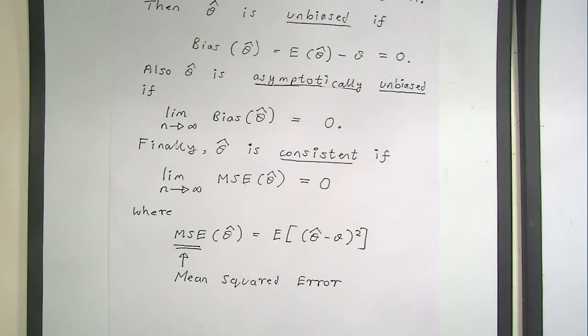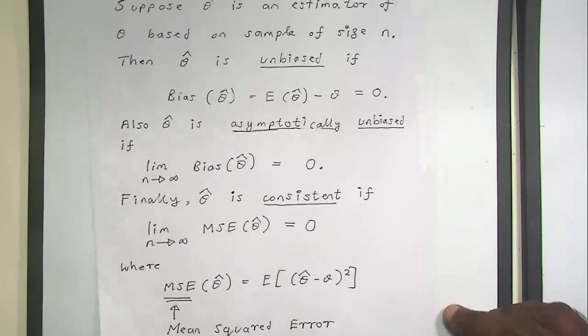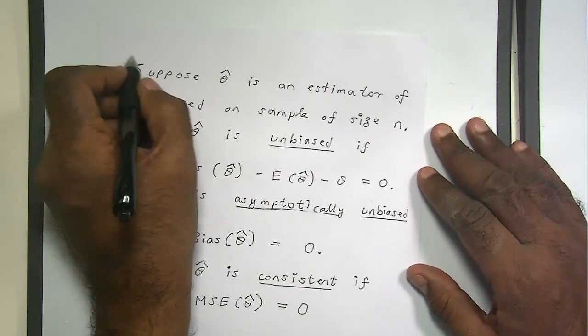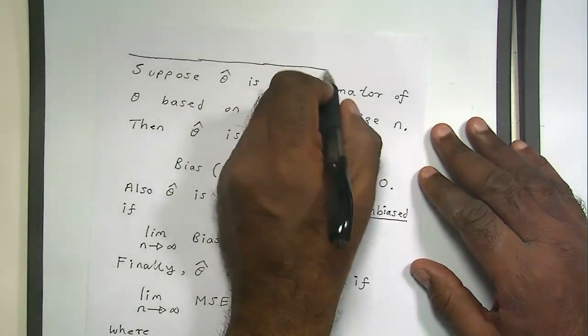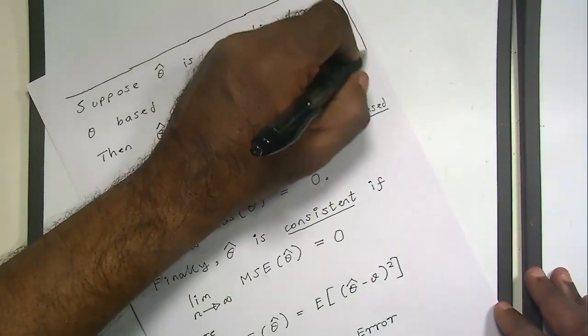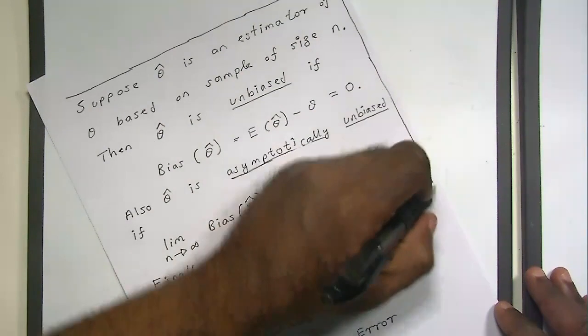So these are things I'm just reminding you of, because these are stuff you should have learned before. But if you did not learn this stuff, just make sure you know this stuff. Let me put them in a box so that you know what I'm saying. I'm assuming you know this.